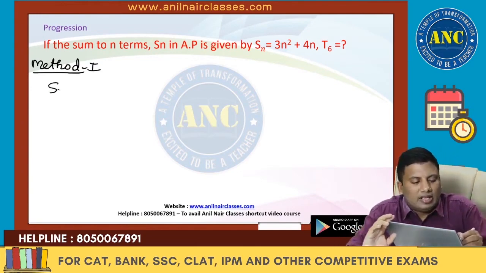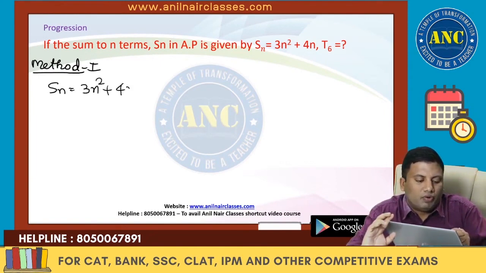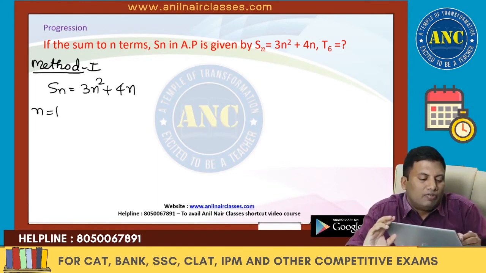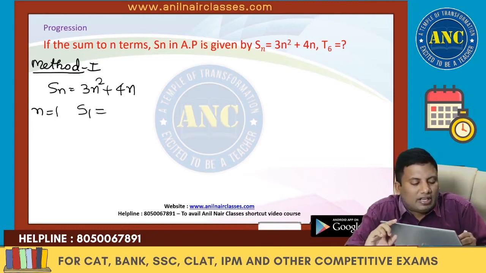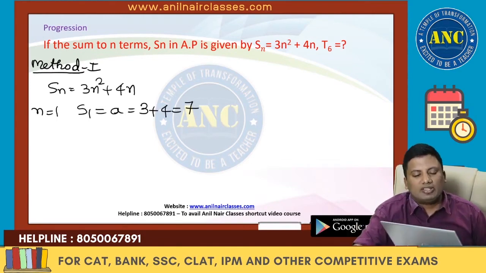Method 1: S_n is nothing but 3n squared plus 4n. If I put n value 1, this will become S_1. S_1 means sum of one term, which is nothing but A, which is 3 plus 4, which is 7.